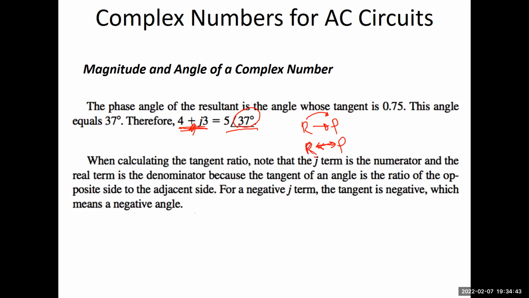Yung iba ganito eh. Tapos merong naka-shift, nakalagay polar to rectangular. Or ang nakalagay RP pa rin siya, pero pabaliktad naman yung arrow. Ibig sabihin polar to rectangular. Ito rectangular to polar, ito naman vice versa.